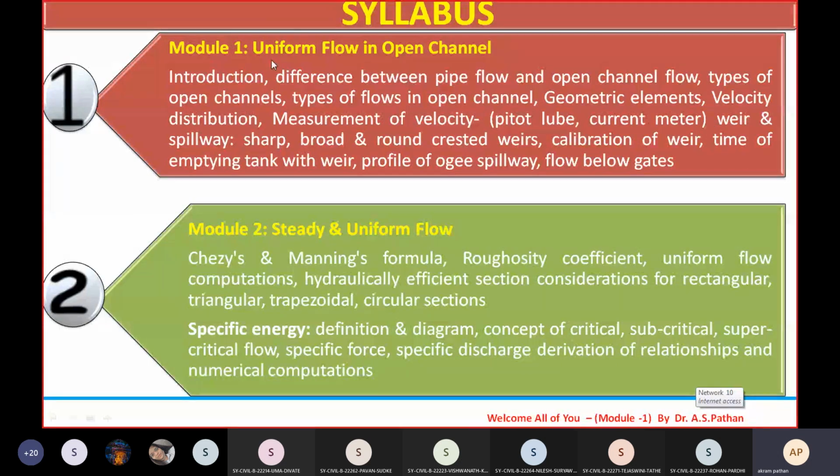So from module 1 we have covered up to velocity measurement with the help of pitot tube and current meter. The remaining portion is from weirs and spillway.